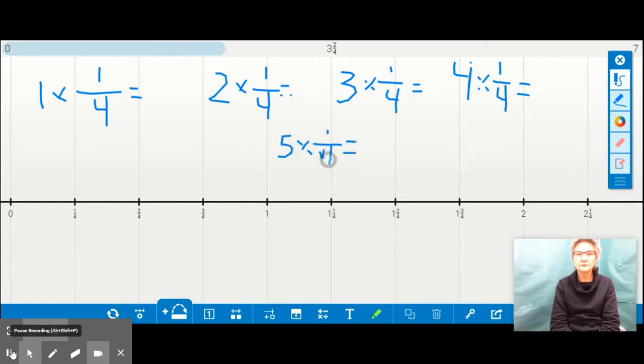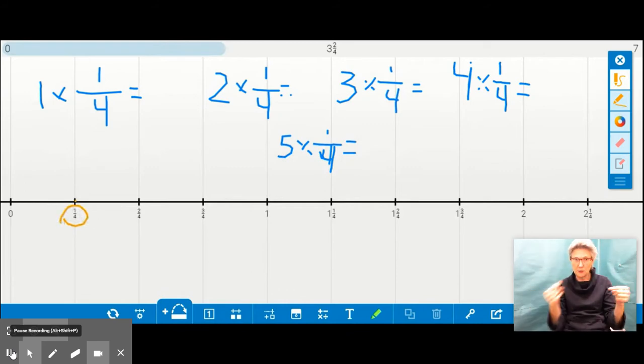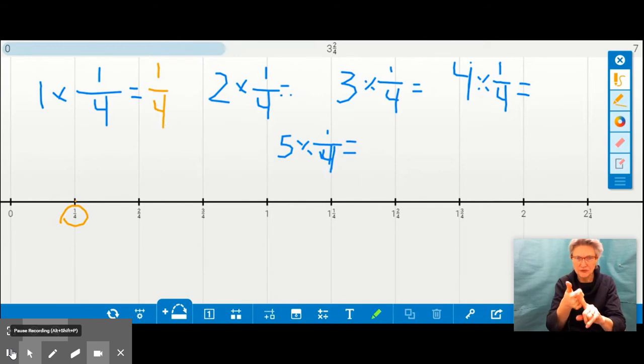Okay, so I'm looking at my number line that I can use in a minute as well to help me. So 1 times 1/4. Here is 1/4, right? So 1 times 1/4, we know that anytime you multiply something by 1, it just stays itself. So there's 1/4, okay? Now 2 times 1/4.